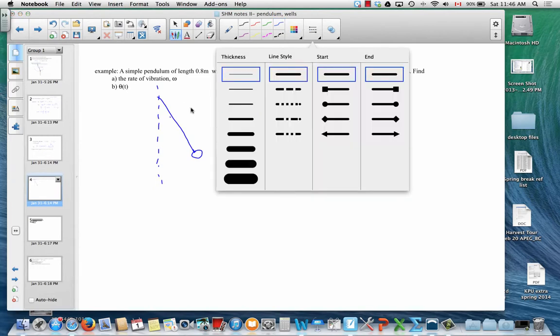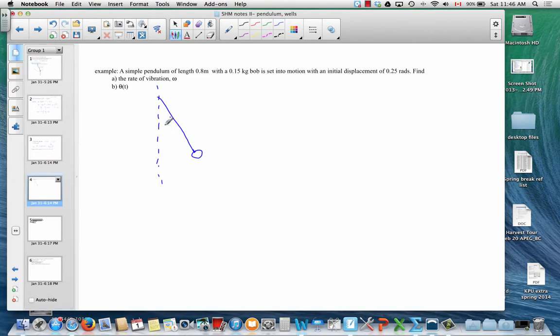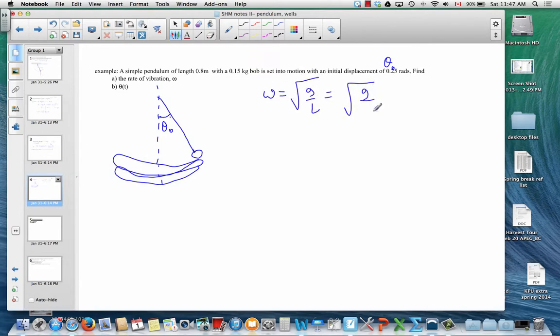And if there's no damping, then we'll call this theta naught, and that's this initial displacement. When you let it go, it'll swing back and forth and back and forth, reaching that same 0.25 rads on either side. Now, the radians per second of vibration will be root of g over L, so that's the root of g over 0.8.